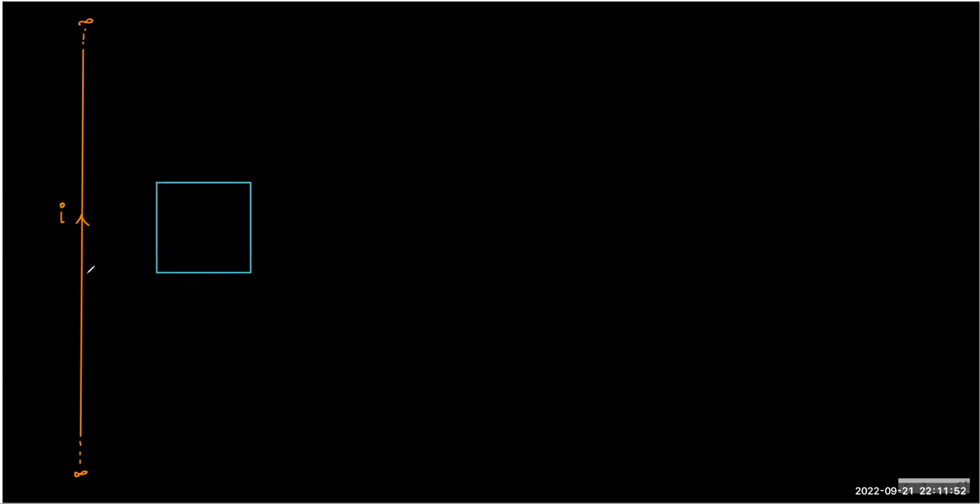Yes. So now let me extend this problem. Again, we have a square loop, as you can see, and the loop is moving with velocity v normal to the wire given to us.